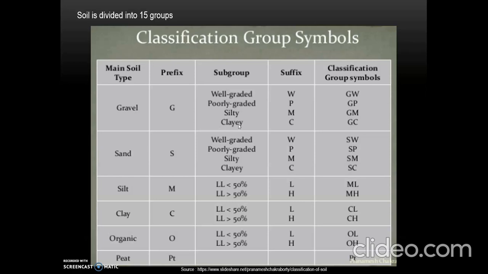GC means clayey gravel. Similarly, SW means well graded sand. SP means poorly graded sand. SM represents silty sand, and SC is clayey sand.